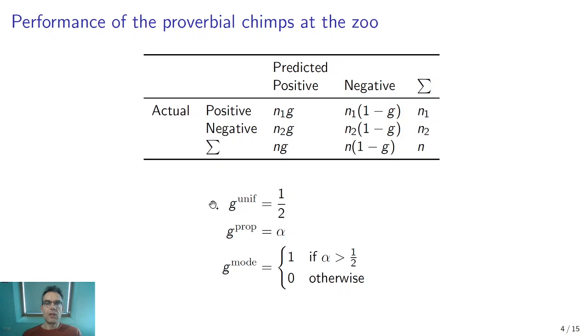For instance, we pick g equal to a half, that would mean tossing a fair coin, or we could also use the proportion that we observed of the positive class. Then g would be alpha, and we could also, for instance, always predict the most common class, so the mode.